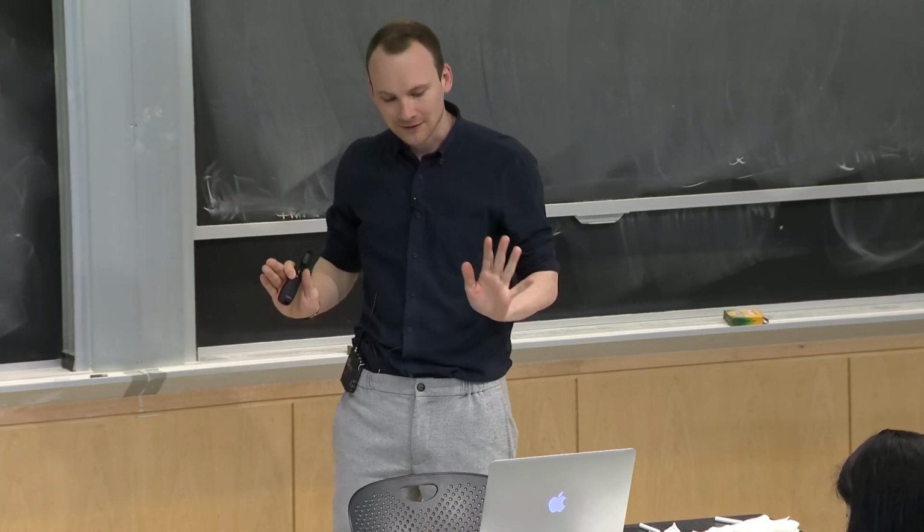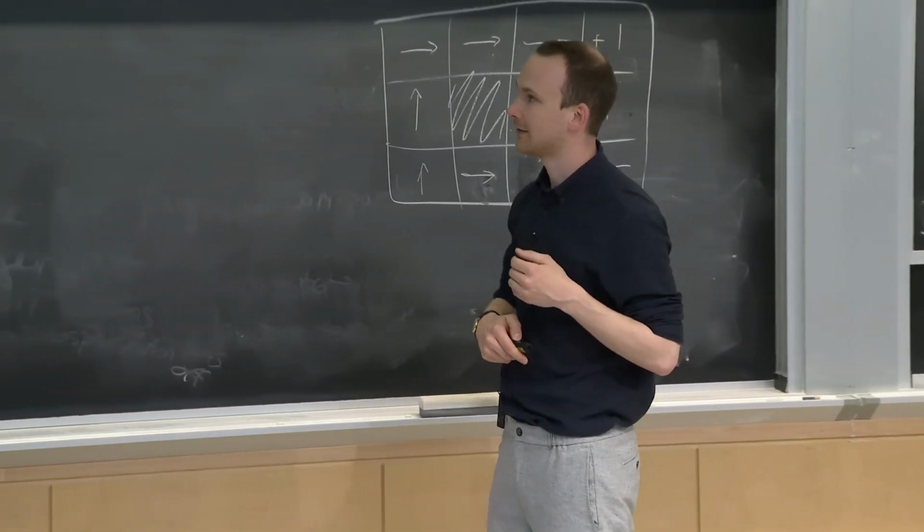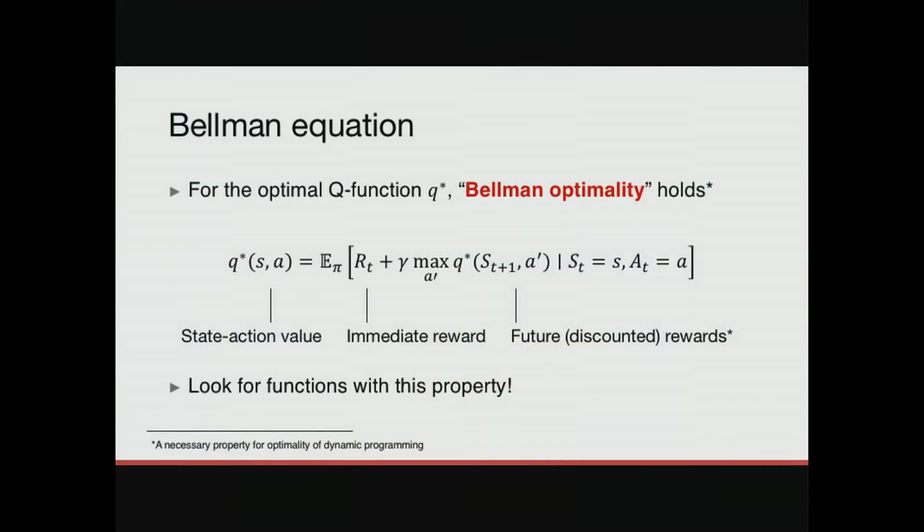So Q-learning is based on a general idea from dynamic programming, which is the so-called Bellman equation. There we go. So Bellman optimality says that, this is an instantiation of Bellman optimality, which says that the Q star, the best state action value function, has the property that it is equal to the immediate reward of taking action A in state S plus this, which is the maximum Q value for the next state.